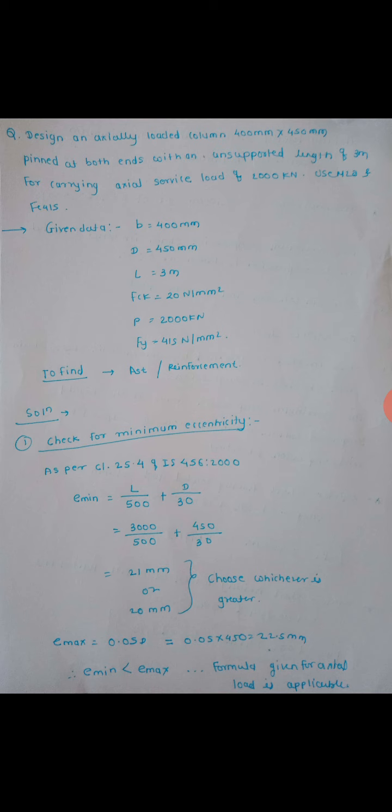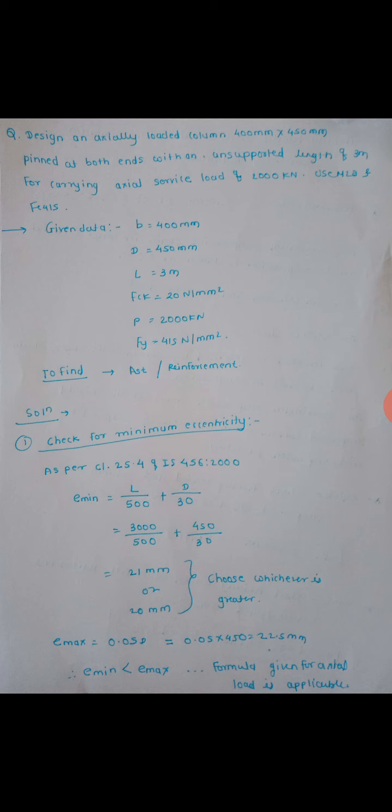The question is: design an axially loaded column 400 mm by 450 mm pinned at both ends with an unsupported length of 3 meters for carrying an axial service load of 2000 kN. Use M20 and Fe415.